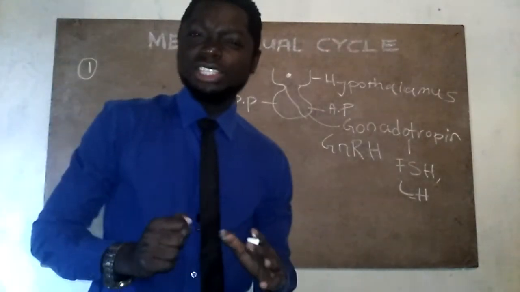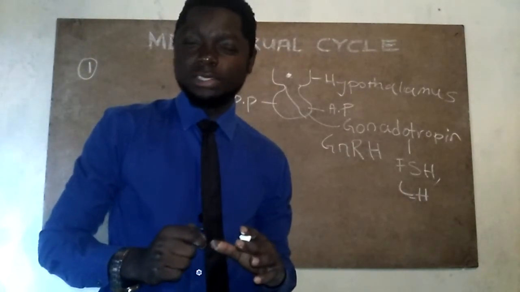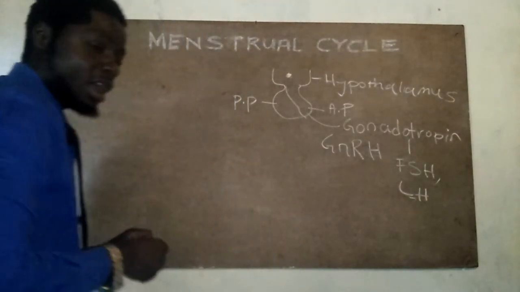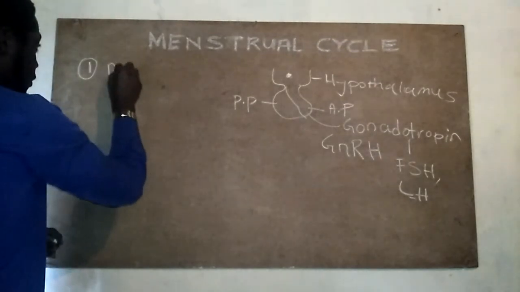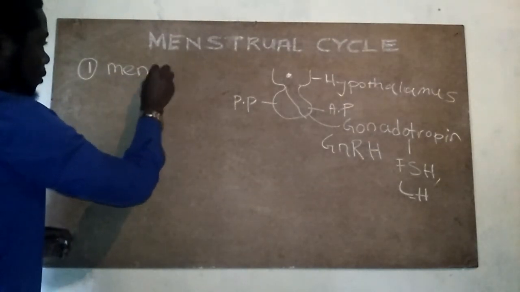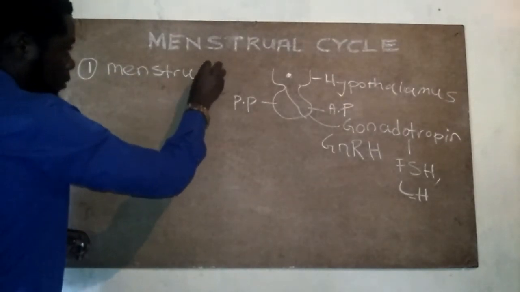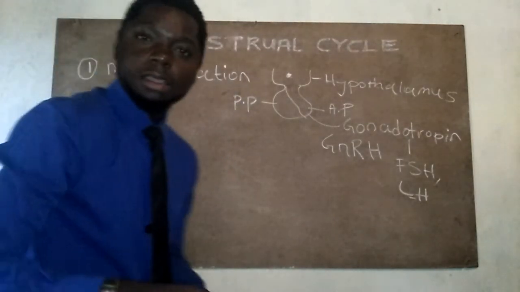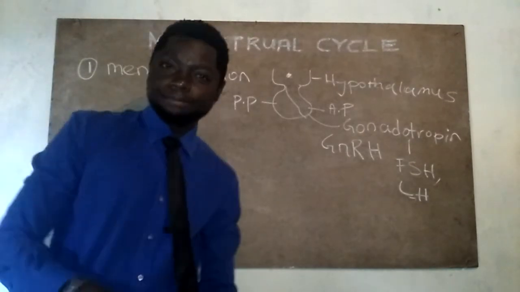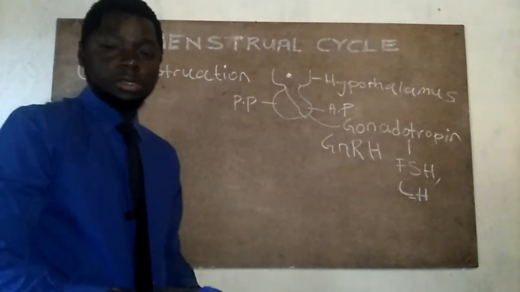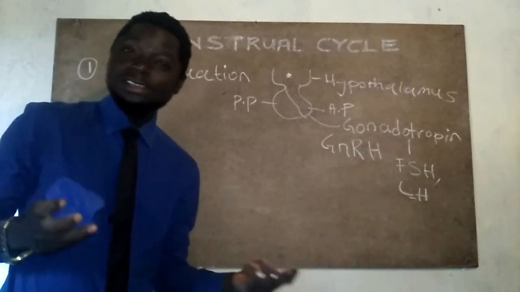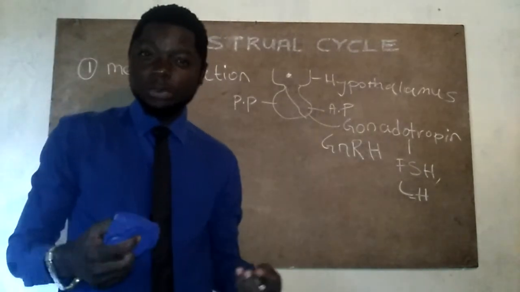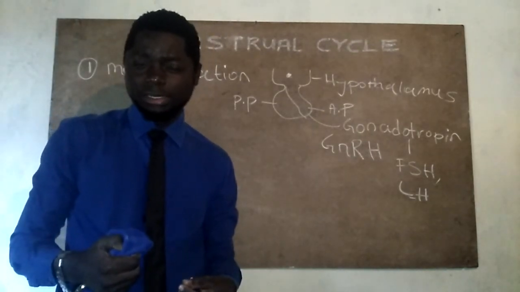The first stage of the menstrual cycle is what we term menstruation. Menstruation is the time during which women see blood coming out through the vagina.